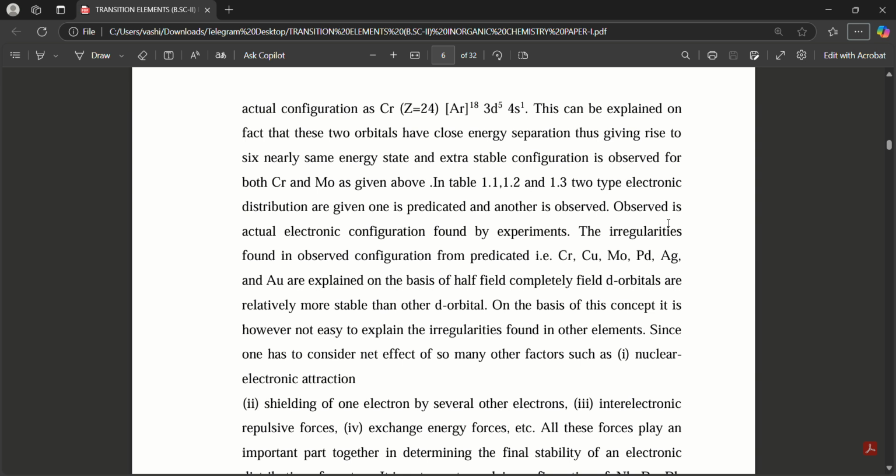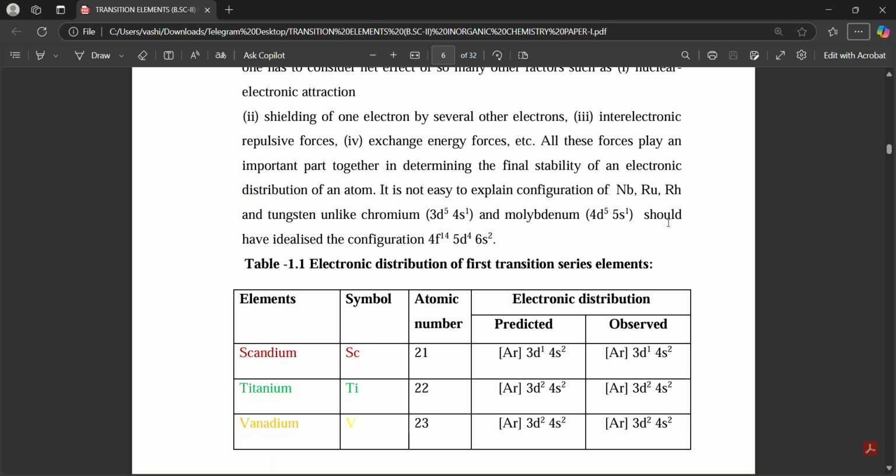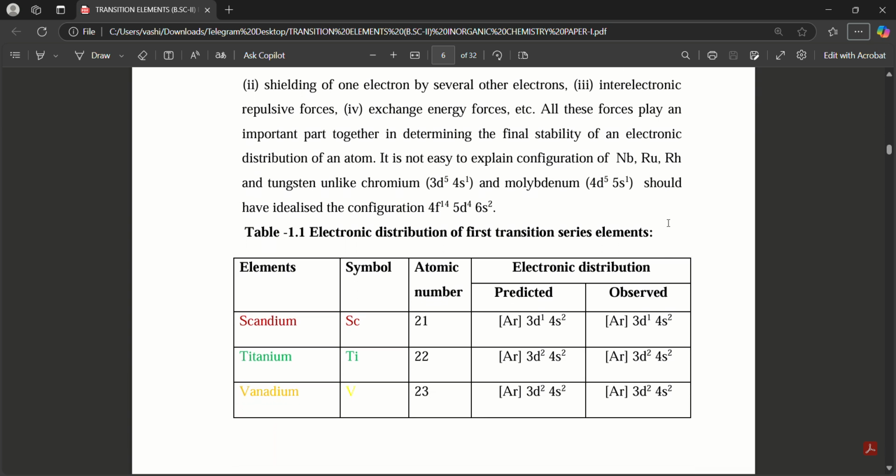On the basis of this concept, it is, however, not easy to explain the irregularities found in the other elements, since one has to consider the net effect of many other factors such as nuclear electron attraction, shielding of one electron by several other electrons, inter-electronic repulsive forces and exchange energy forces. All these forces together play an important part in determining the final stability of the electronic distribution of an atom.